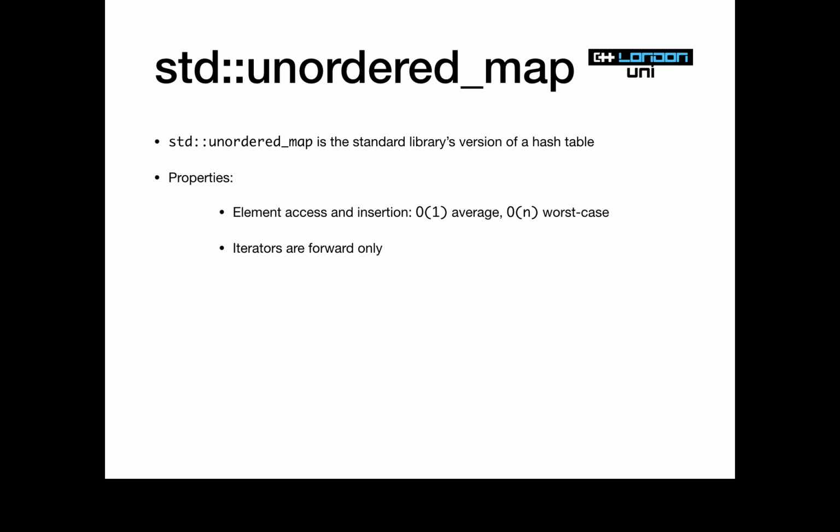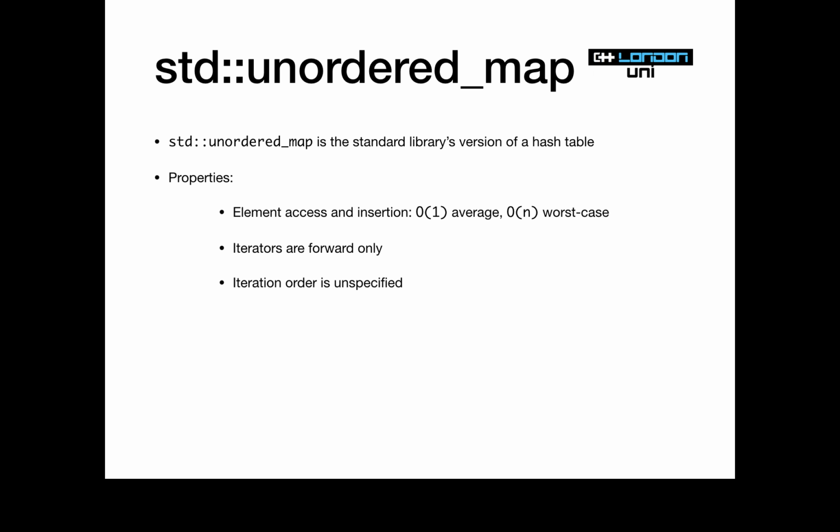So iterators, we only have forward iterators. We can iterate through the container as you can with all the containers, but we can only go forward. This means we're restricted in which algorithms we can call on elements of an unordered map. Iteration order is unspecified. This means that if we have some things in an unordered map and we add a couple of new things, everything might have moved around.